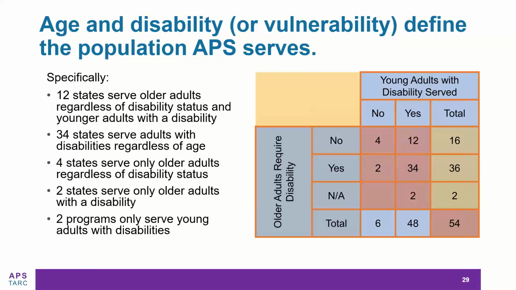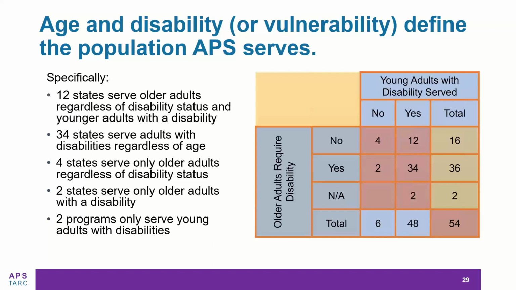Age and disability define the population APS serves. So this is a little matrix that shows how APS programs fall out in terms of the definition of the population that they serve. 34 states serve adults with disabilities regardless of age. And so everybody above the age of 18, as long as they have a disability, is served by APS. But then you get various permutations of how that works.